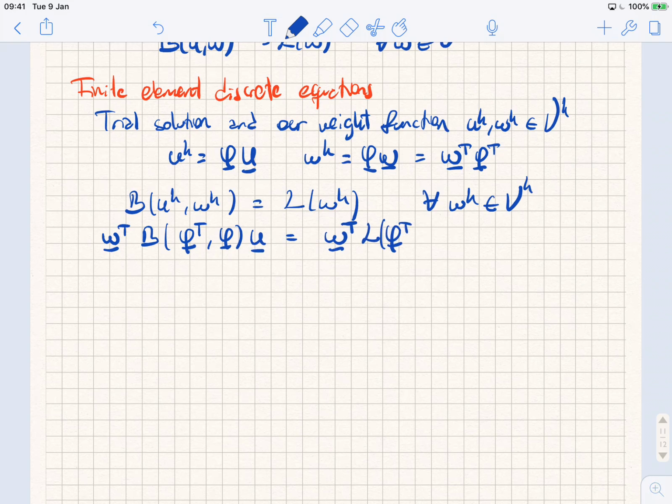And now it's not for all w, but we actually express w as the product of the shape function vector times the coefficient w vector.